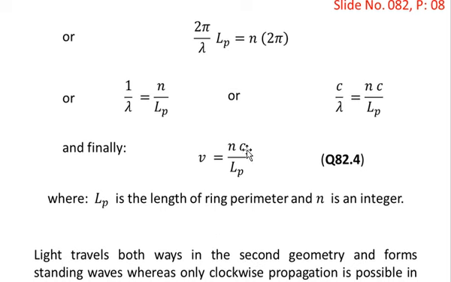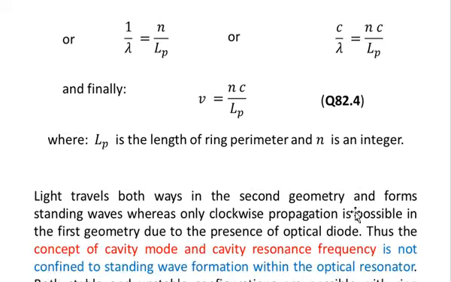So you see that c is constant, Lp is also constant for a ring resonator, and n is the number. So using different values of n, you can set up different modes in the cavity. Lp is the length of the ring perimeter and n is a positive integer. So you can set up different frequencies or different longitudinal modes in the cavity by choosing different values of n.